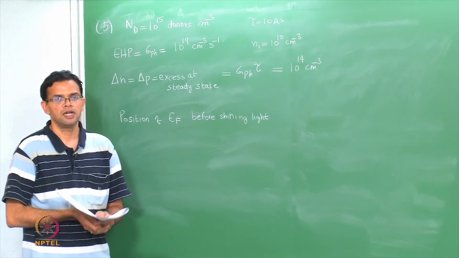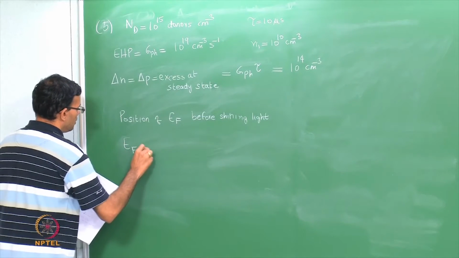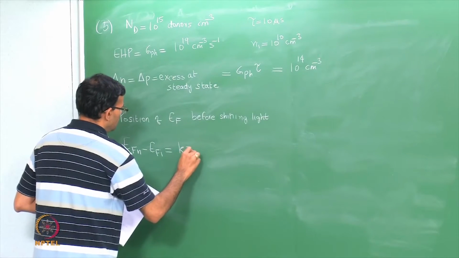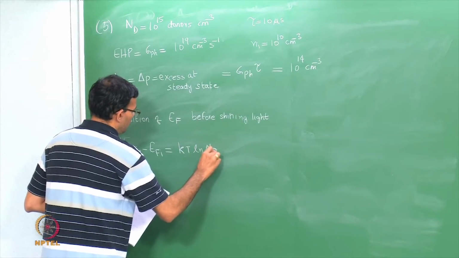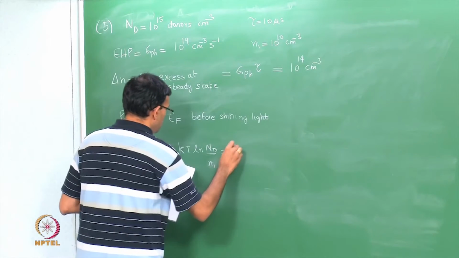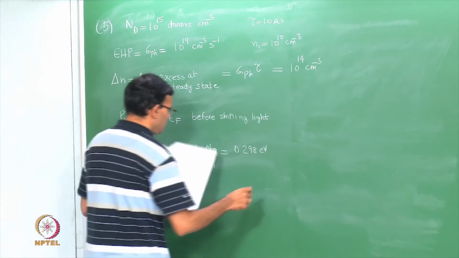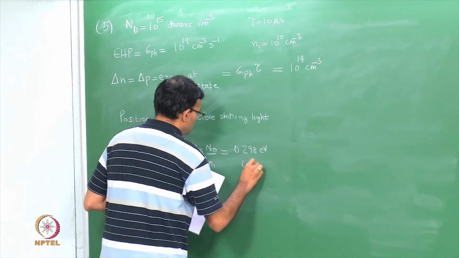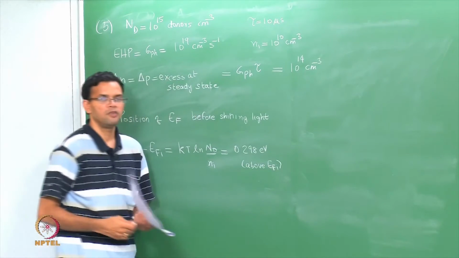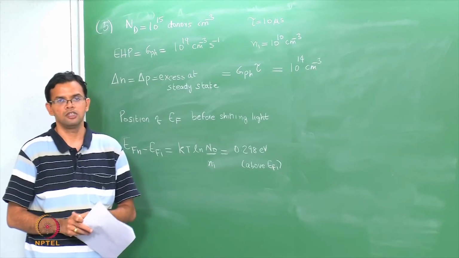This is an n type semiconductor, so that EFn minus EFi is kT ln of Nd over Ni. This works out to be 0.298 electron volts, and this will be above EFi. We now shine light and the light generates excess electrons and holes.